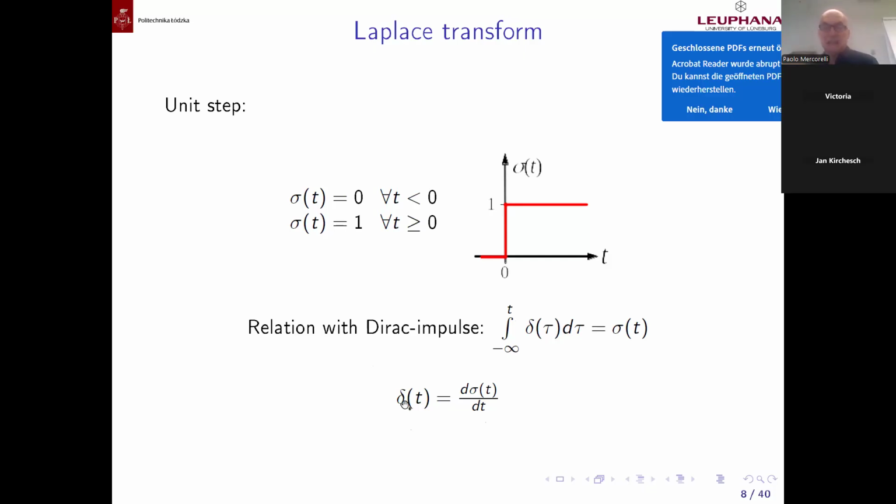This means you can start from here to obtain here, as we did in the lecture, or start from here to obtain this. If you do the derivative of this, in fact, we have this one. But if you do the integral of this, we have this one. The integral between minus infinity and tau.